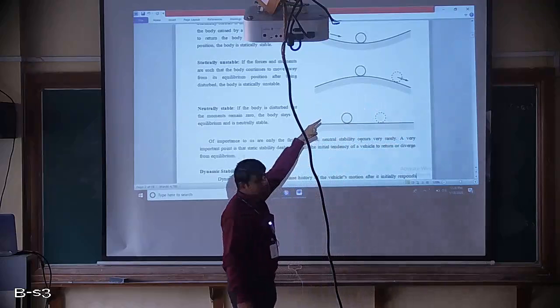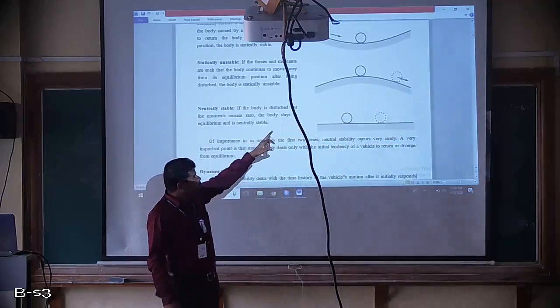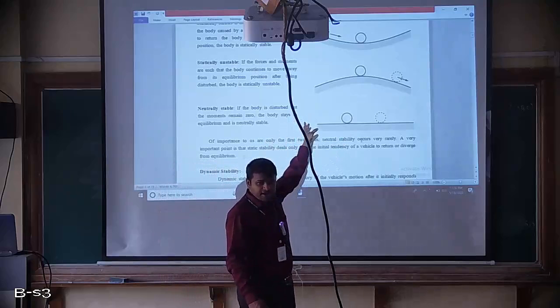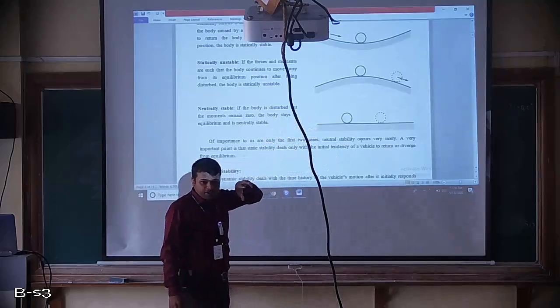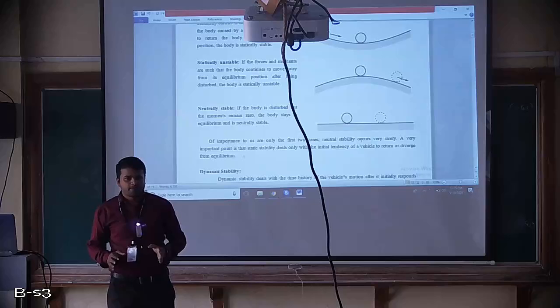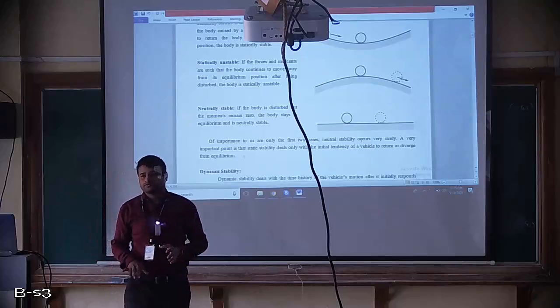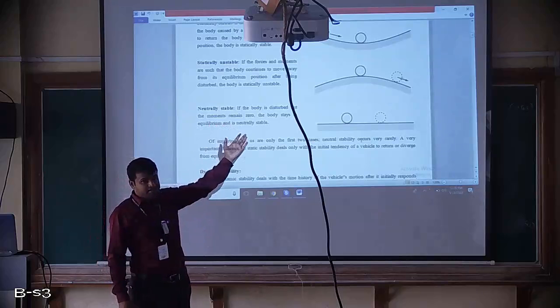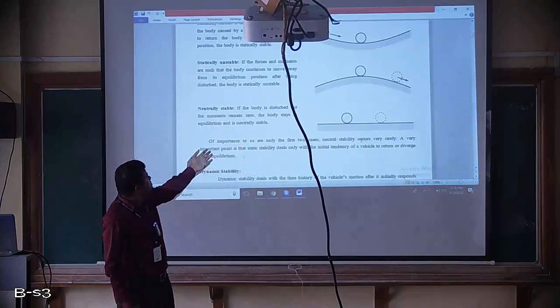You apply a force, what will happen? It will move either that side or this side. That means in which direction you are applying force, in that direction your ball will roll and go, but it will not come back to its original position. Yes or no? So that means what? It is statically unstable.